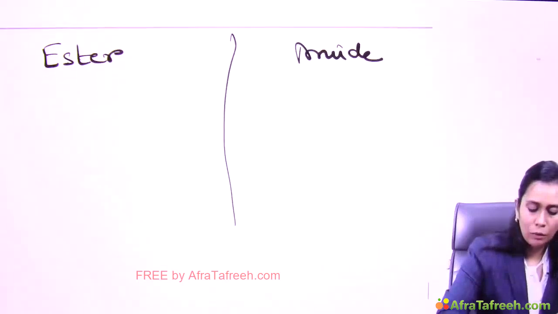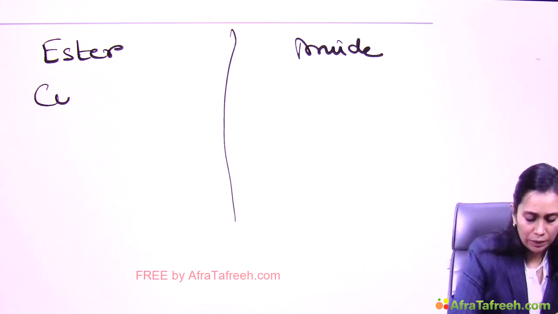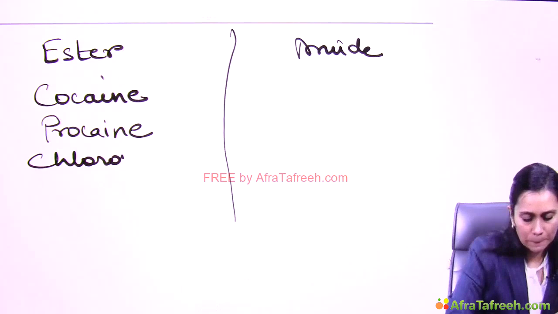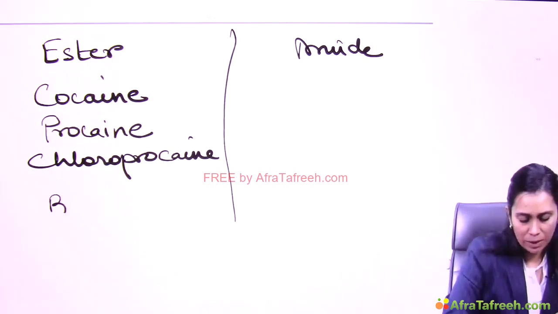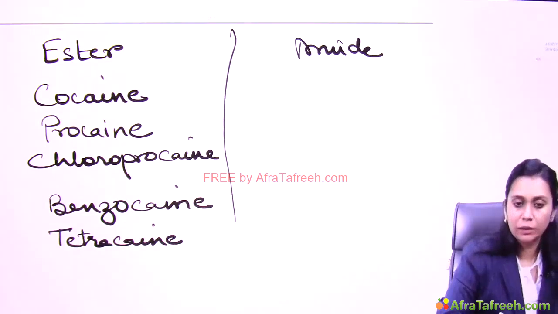And guys, what are the drugs which come in these two groups? In ester we have cocaine, procaine, chloroprocaine, benzocaine, tetracaine, right?